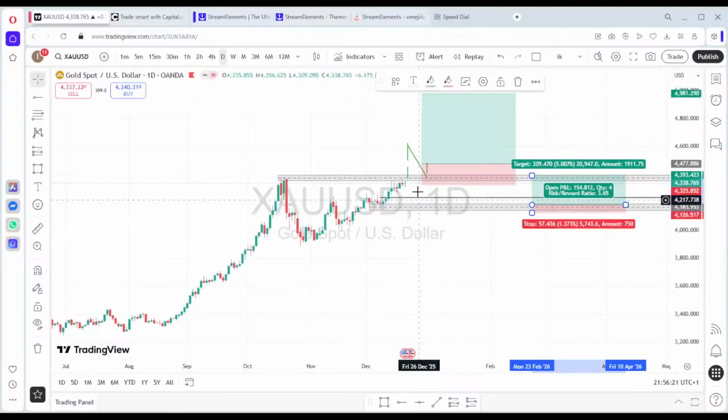It can move to anywhere. For instance, your first stop, if it's coming down, is going to be around this area. Let it equal this low here.